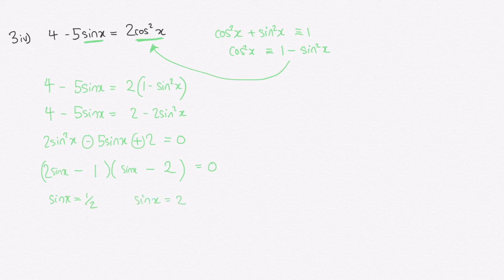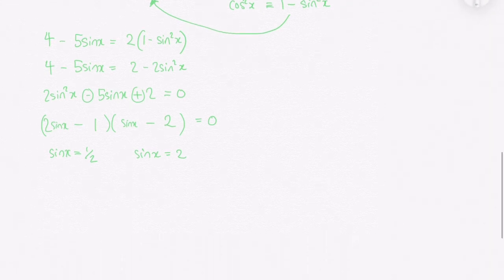And again here, we've not written it down, but we are looking for x to be between negative pi and pi. Okay, so let's draw out a sine graph between pi and negative pi.